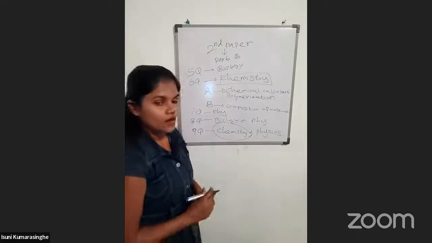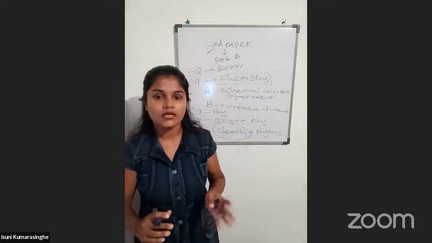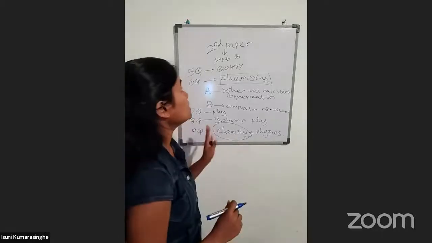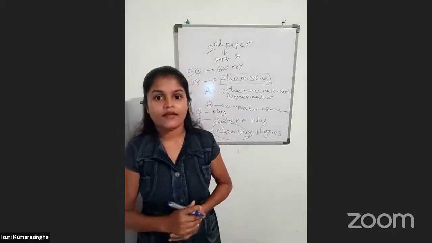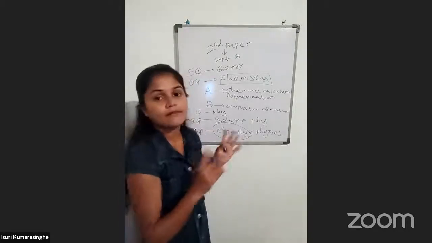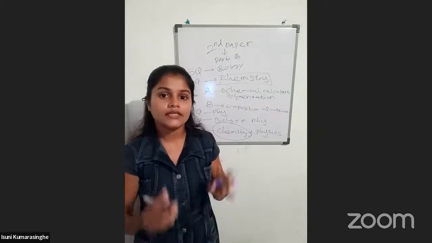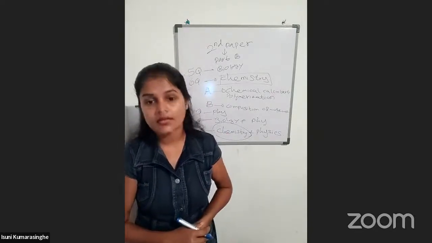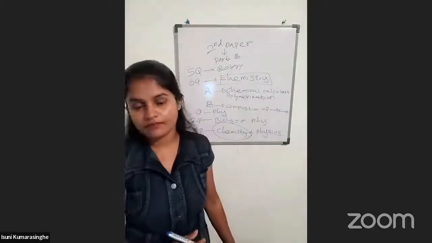I think now you have a rough, proper idea of how the paper is structured, how the questions are allocated for part A and part B of the second paper, and how the chemistry basis lessons contribute to the complete paper. Understood?